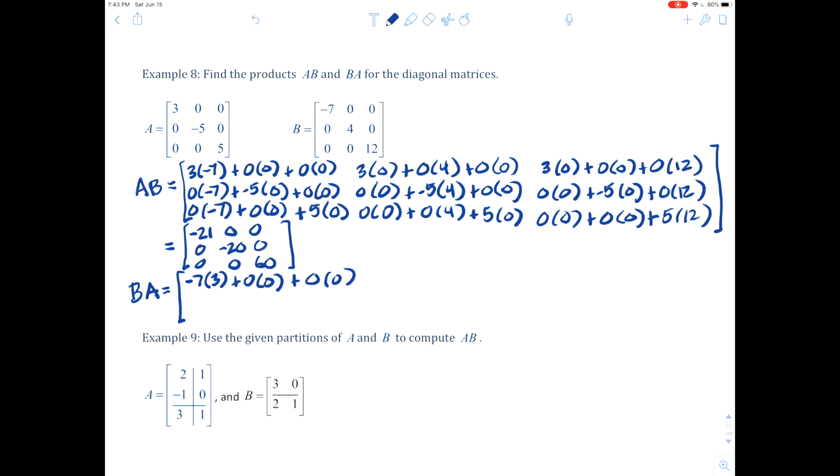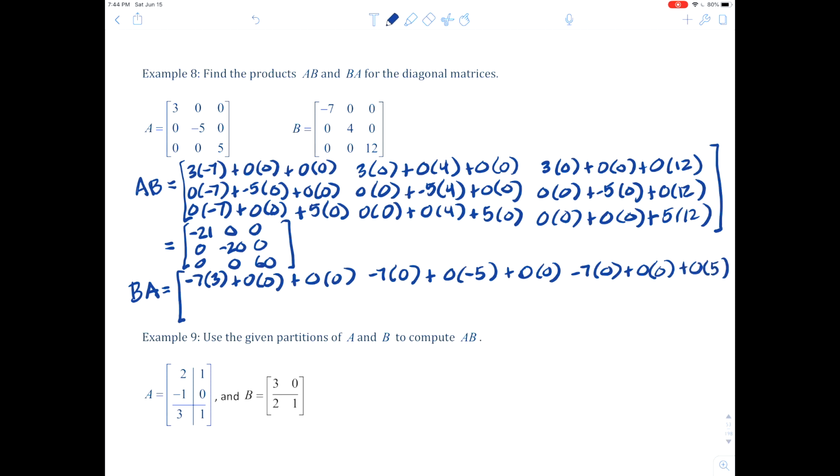Our next entry would be negative 7 times 0 plus 0 times negative 5 plus 0 times 0. And then our last entry in the first row is going to be negative 7 times 0 plus 0 times 0 plus what? Good, 0 times 5. Cool, cool?